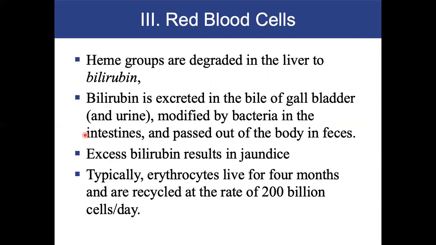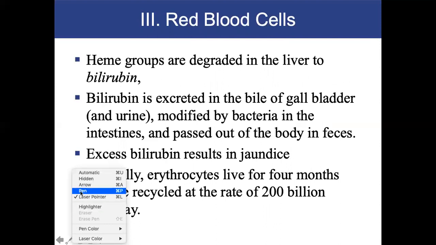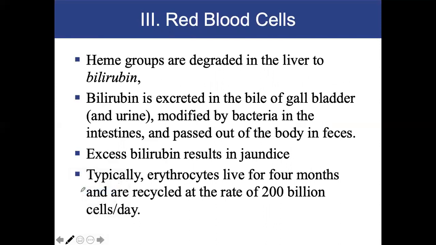Your heme groups are degraded in the liver to bilirubin, right? I'm sure you've heard bilirubin before. Heme groups are degraded in liver to bilirubin. So what ends up happening is that the heme group goes from heme, right? So we have heme.